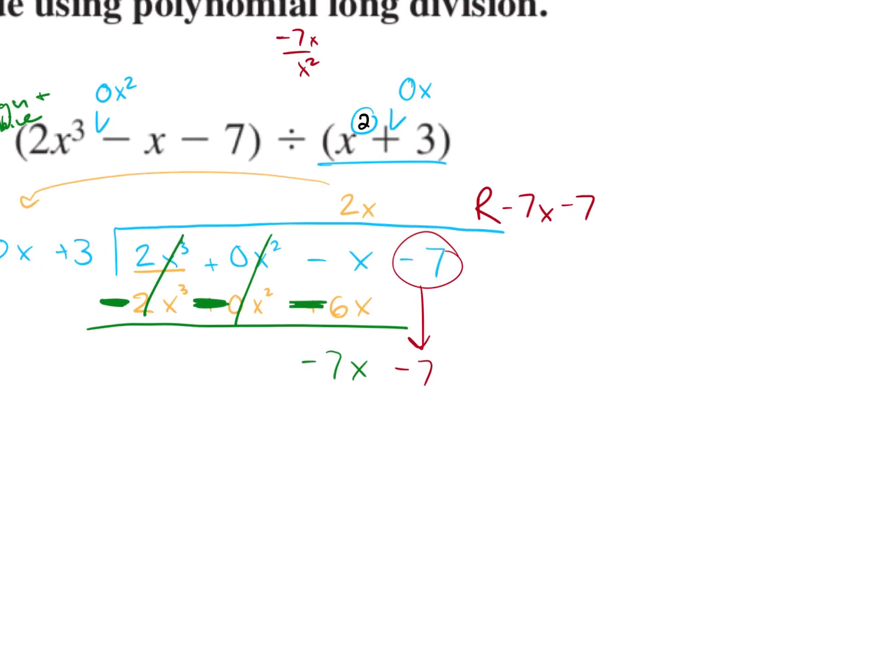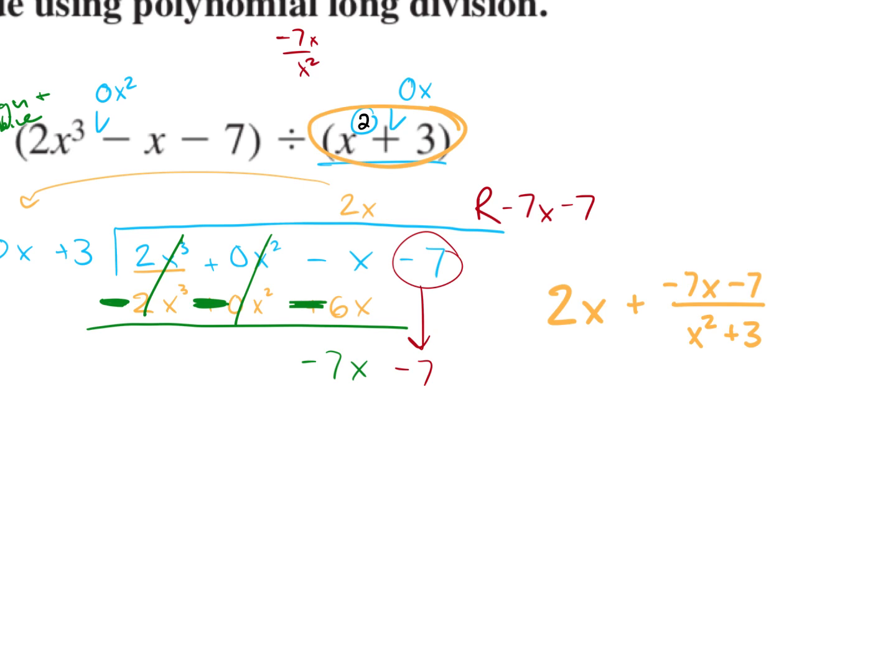So we can write our remainder a couple different ways. Big Ideas wants you to write it as a fraction. So 2x, you could say plus negative 7x minus 7 over our divisor, which was x squared plus 3.